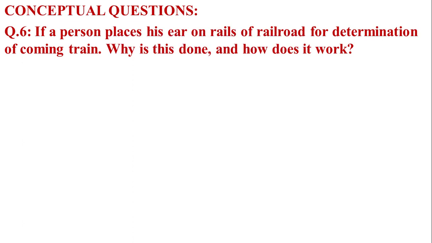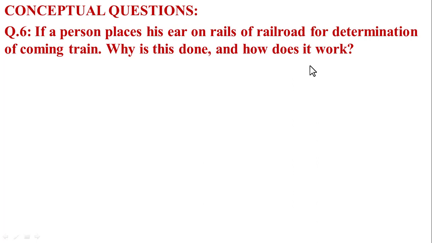In question number 6, the given statement as a conceptual question: if a person places his ear on the rails of a railroad for determination of a coming train, why is this done and how does it work?